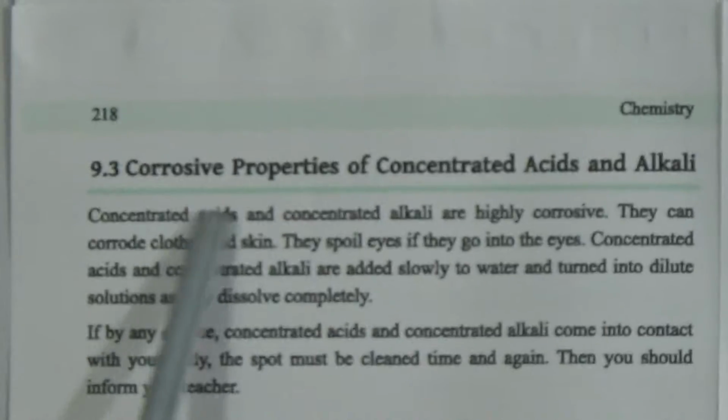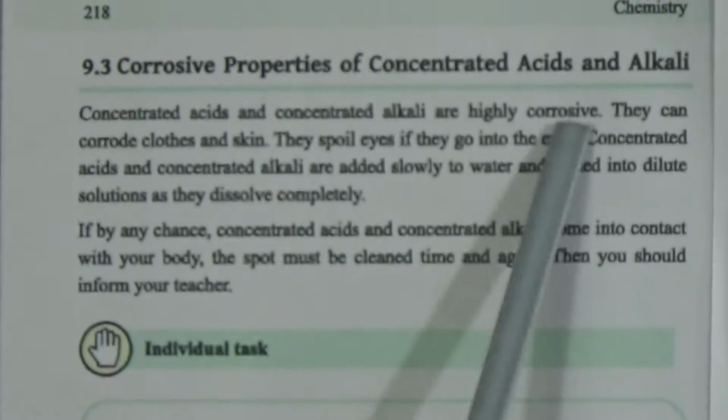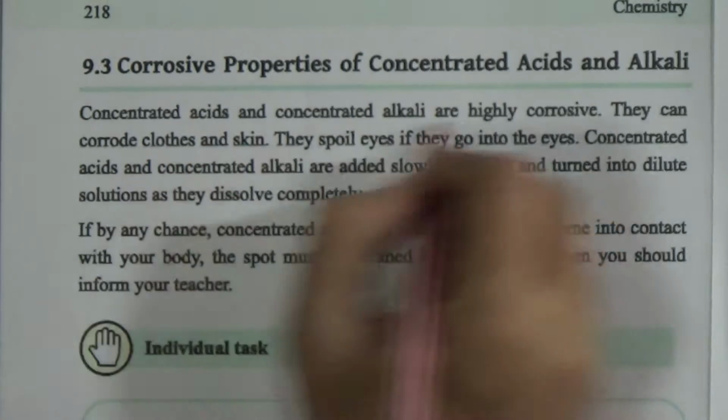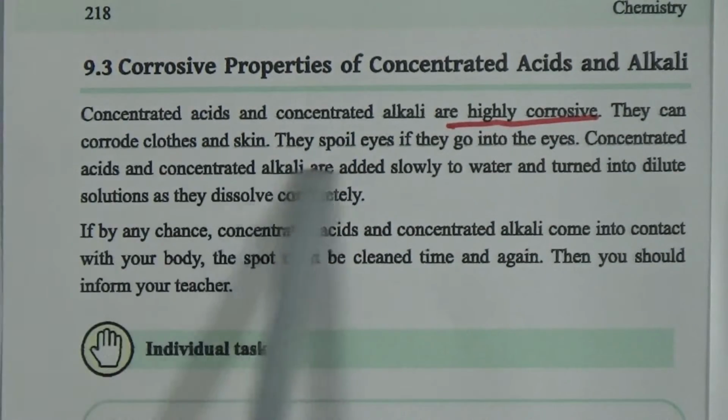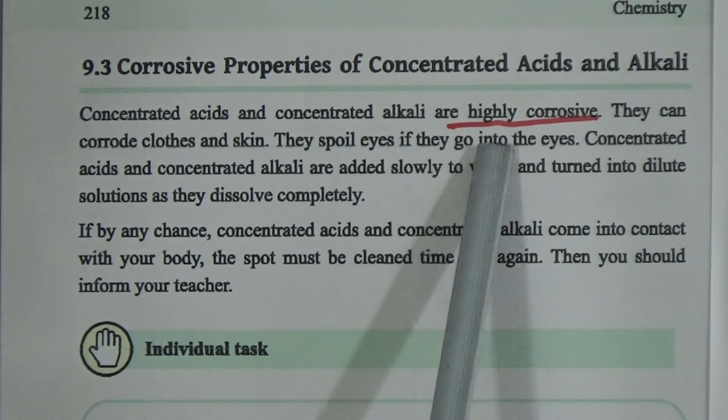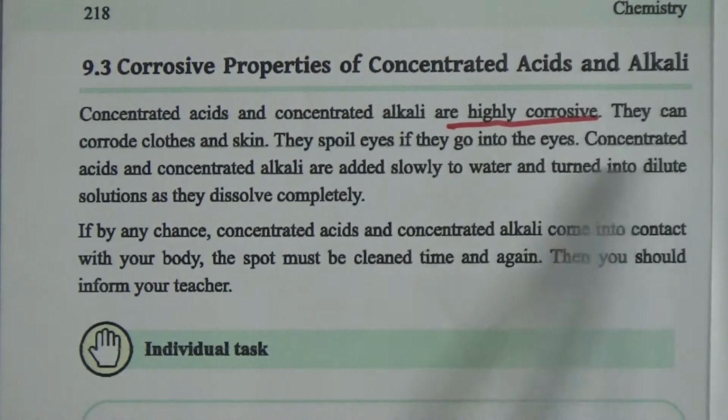Now come to the corrosive properties of concentrated acid and alkali. Concentrated acid and concentrated alkali are highly corrosive. They can corrode clothes and skin. They spoil ice if they go into the ice.